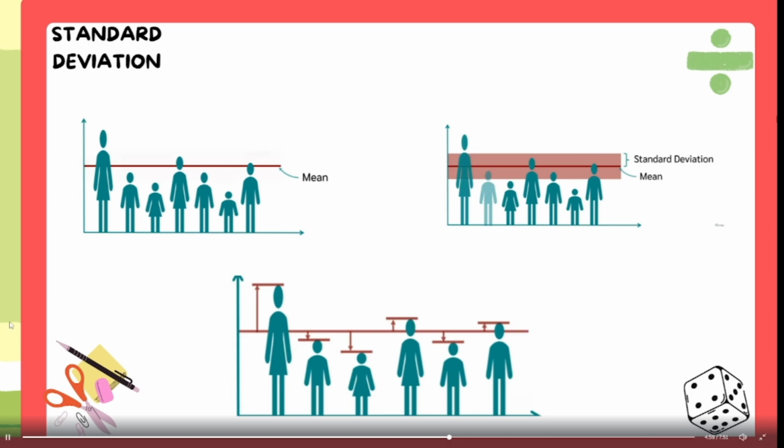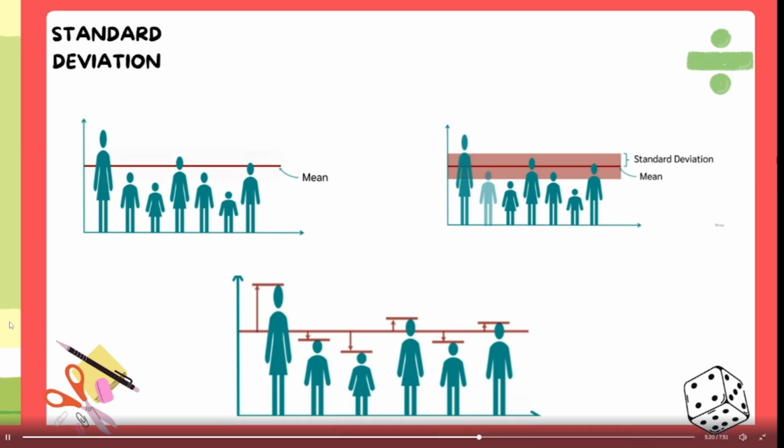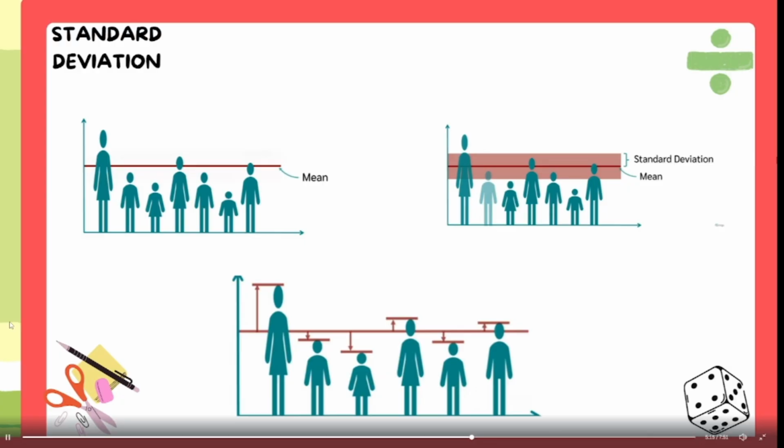Ultimately, the standard deviation is the most common way we measure the risk or consistency in a set of numbers. In summary, if this red band is narrow, the data is very consistent. And if this red band is wide, the heights are very scattered, showing the data is highly varied.